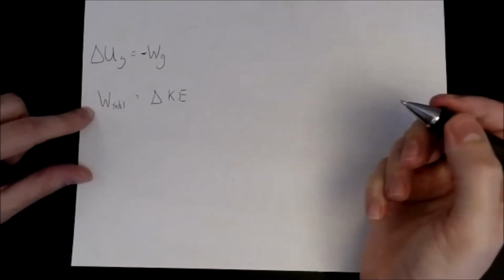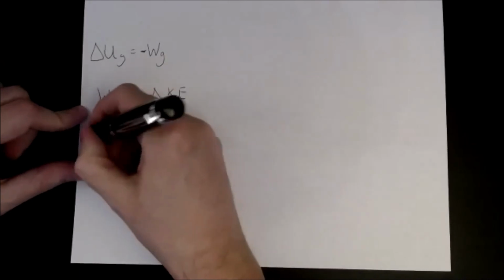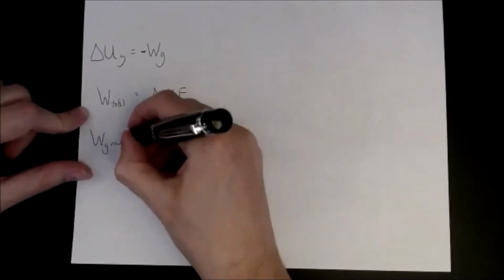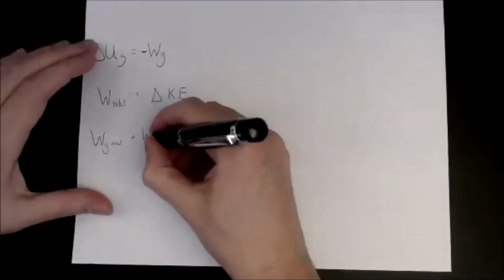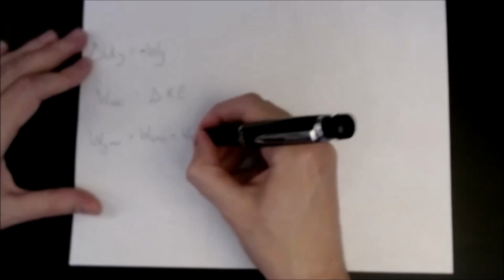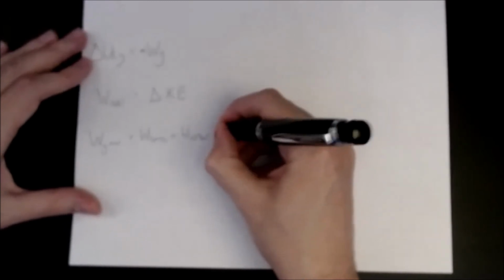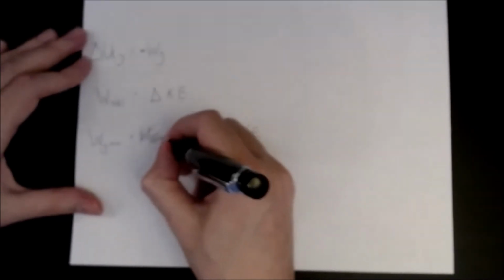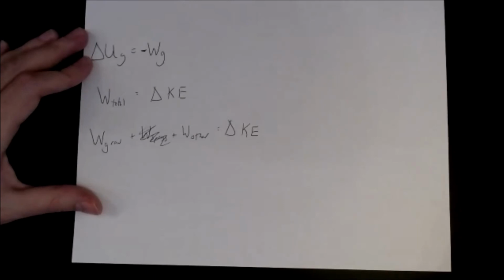But I also said that the total work is equal to the work due to gravity plus the work due to, say, springs, plus the work due to whatever else we've got, other. And that's equal to the change in kinetic energy. Let's say that we don't have any springs yet. We haven't even talked about springs.